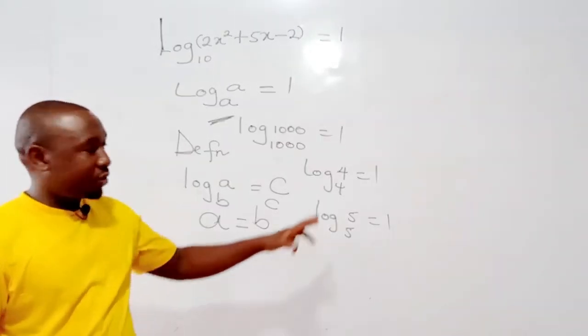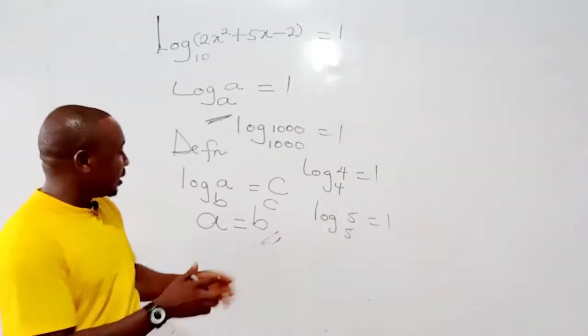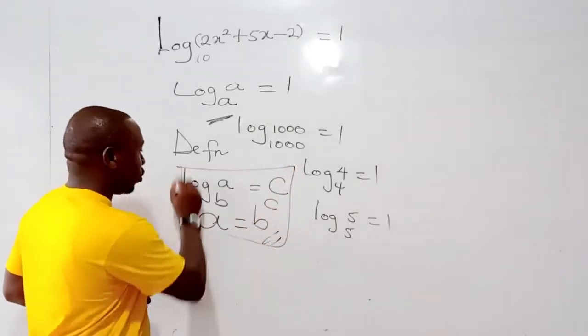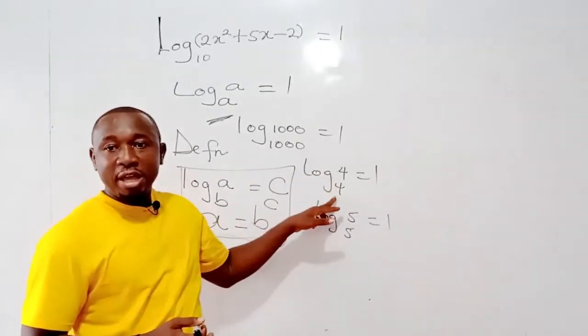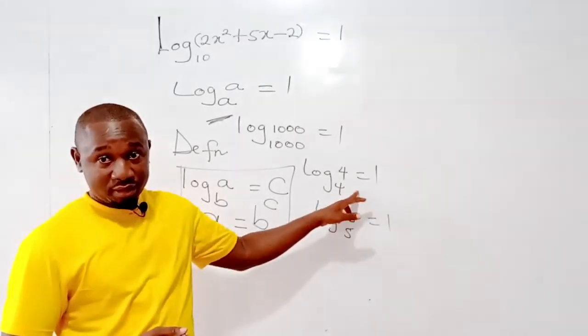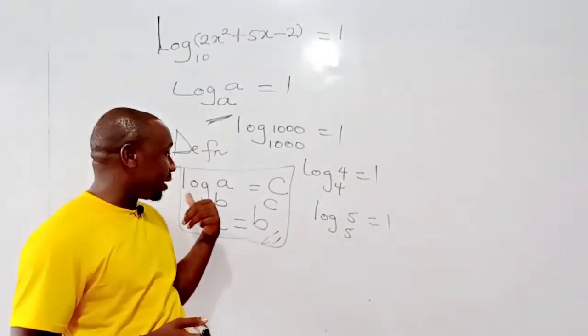And look at this critically. It has a relationship with the definition of logarithm here. We are saying log 4 to the base 4 is equal to 1. Log 5 to the base 5 is equal to 1. Now look at the definition of logarithm.